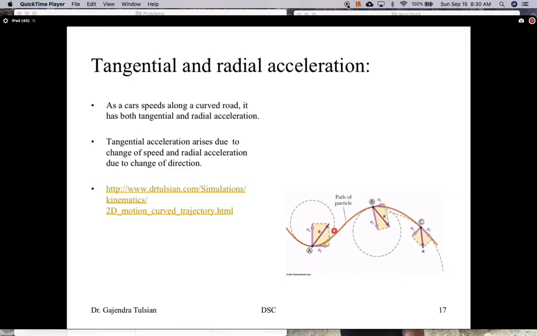When the path is straight, the direction is not changing, so you will not have a radial acceleration. But if your speed is changing, you'll have tangential acceleration. So this simulation shows you how motion would look when it has both radial and tangential acceleration.